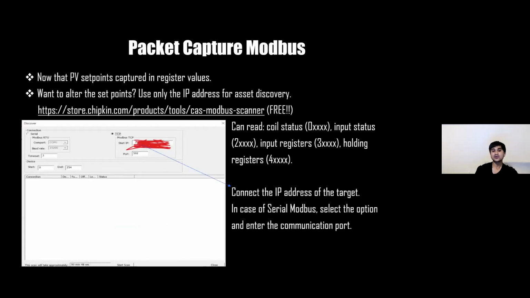What we can do is, with the help of this tool called CAS Modbus Scanner, from Chipkin, a company which makes this tool to play around with the Modbus values, we can perform false data injection, play around with the values, read, write, and manipulate the coil values as well.